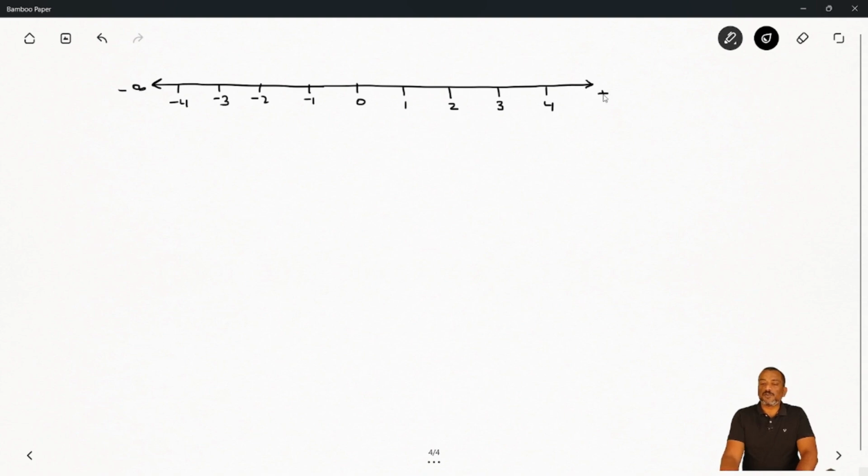And this side it will go up to plus infinity. Okay, so understand first thing, this is a number line. Between 0 and 1 you have an infinite number of fractions coming, that is p by q form. So that p by q is also called a rational number.